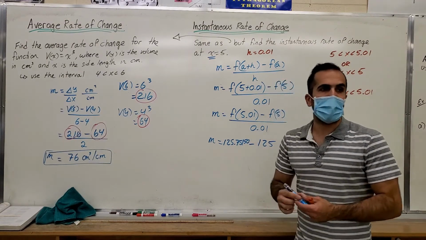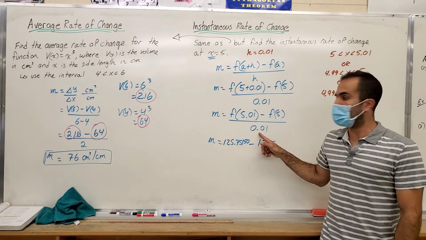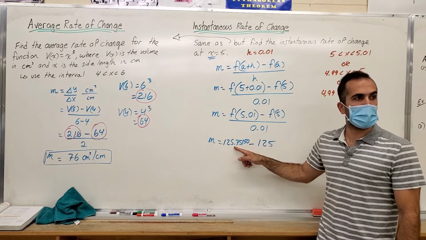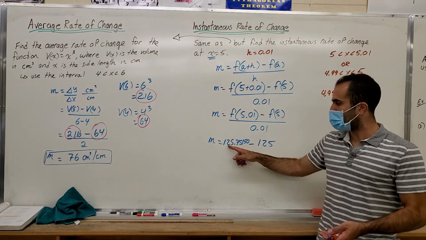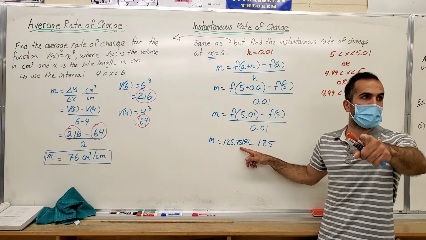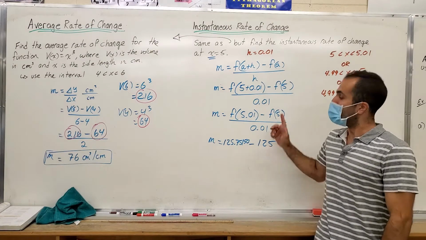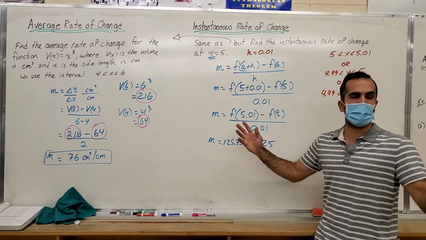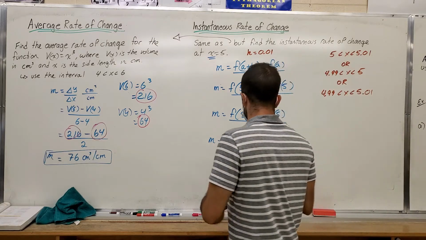Okay, I want a lot of decimals here because I'm dividing by a really small number. So the more accurate I am here, the more accurate my answer is going to be. So be careful. What I do is I would write 125.751, but I'm not pushing cancel or on my calculator. Keep that number in your calculator, then subtract the 125, then divide by the 0.01, and you'll be accurate to like 9 decimal places. Okay, so be aware.